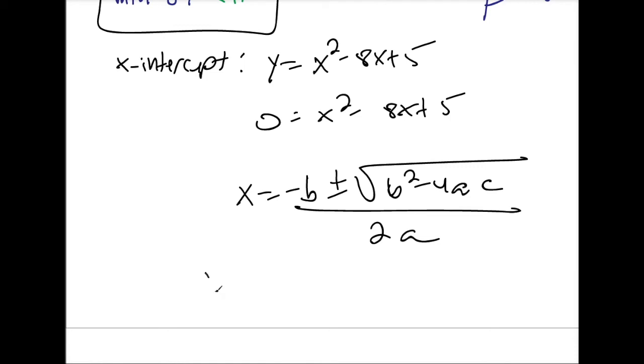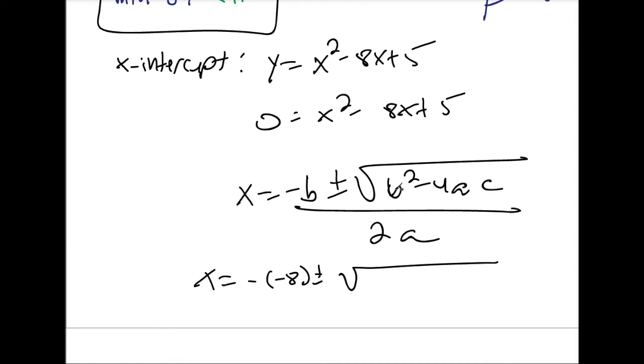So how do we do this? You plug in b, so negative 8, not negative x. I don't know why I said negative x. So it's negative, parentheses, negative 8, plus or minus the square root of negative 8 squared minus 4.